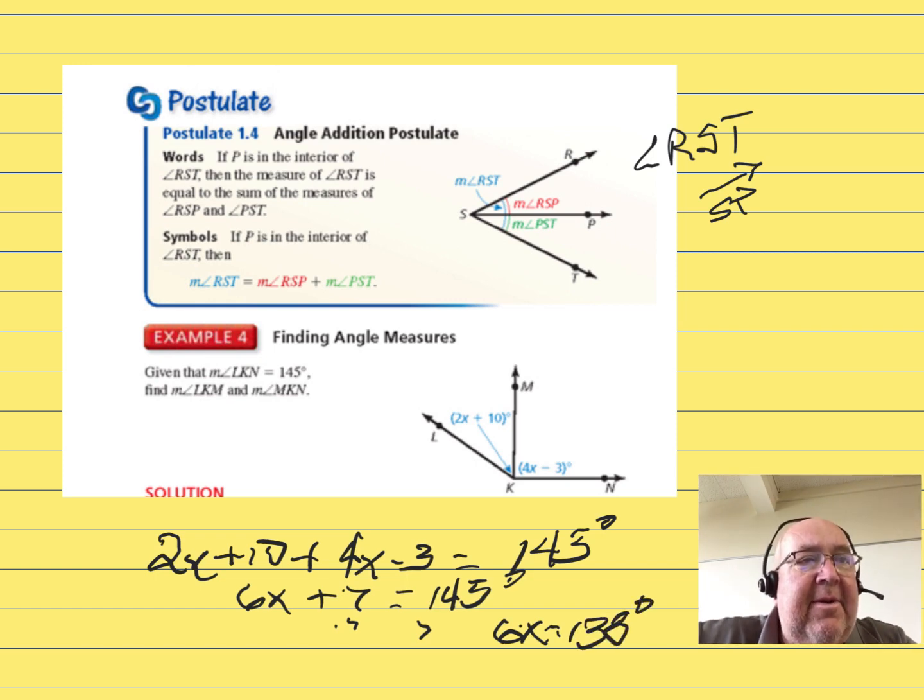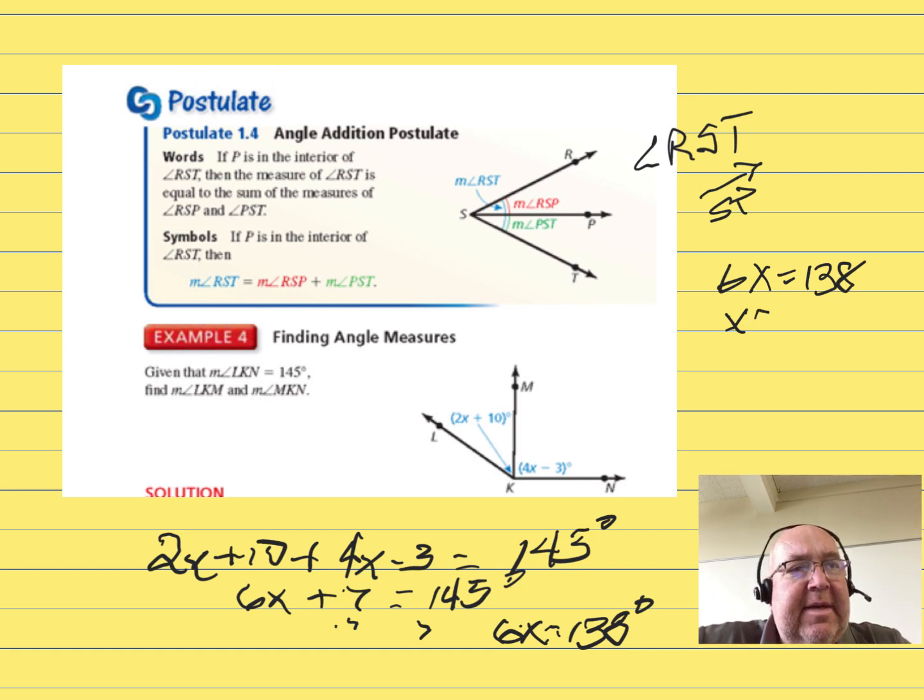We're going to continue that up here. 6x equals 138. We're going to divide by 6, and we get x is equal to 23. So we put that back into our original equations.